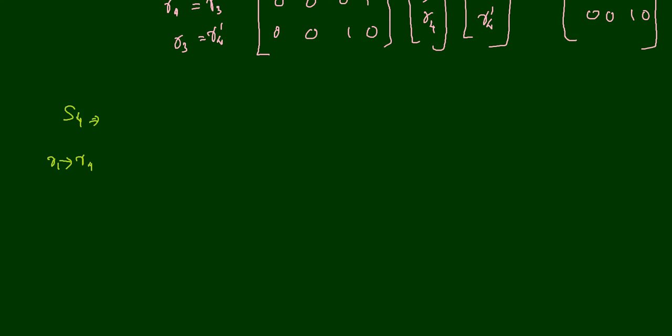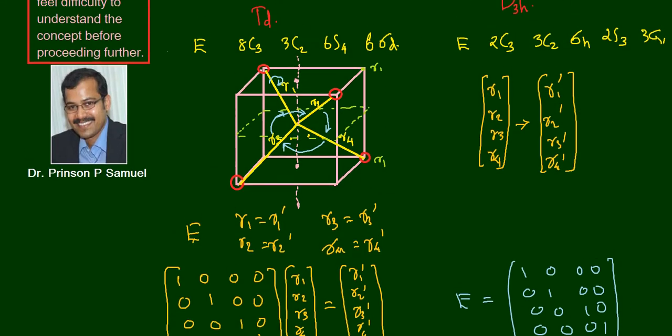And what will happen to this R2? R2 will come here during the rotation. Okay, this is like a clockwise rotation about this one. It is rotating like this. R2 will come here and then it is reflected here. So after reflection it will come in place of R3.